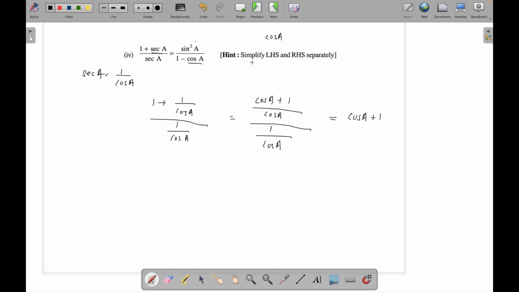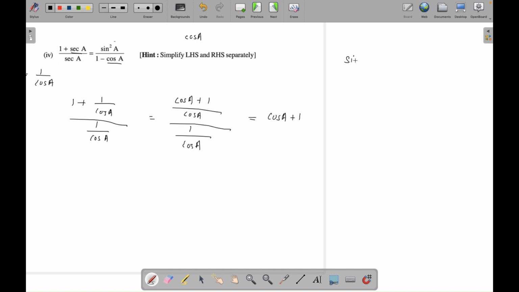Right, so since it is given that we need to simplify LHS and RHS separately, we'll use this RHS to arrive at this 1 plus cos a, because we cannot simplify the LHS further. So for the RHS, we have sine square a upon 1 minus cos a. As I mentioned previously, this is an indication of how you can simplify it.